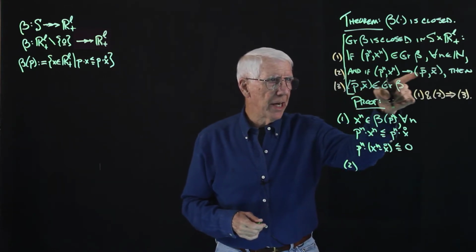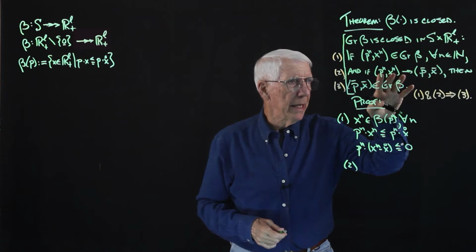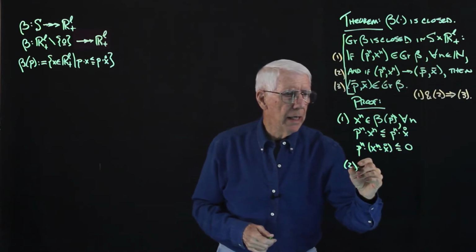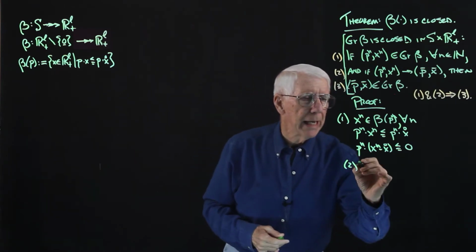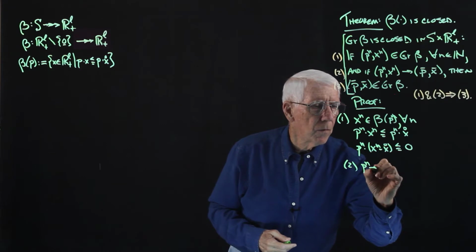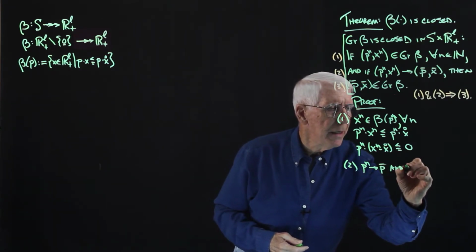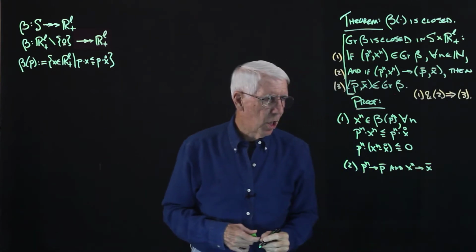Let's look at our second statement up here. This says that the sequence (Pn, Xn) converges to (P bar, X bar), and that's to say that Pn converges to P bar and Xn converges to X bar.